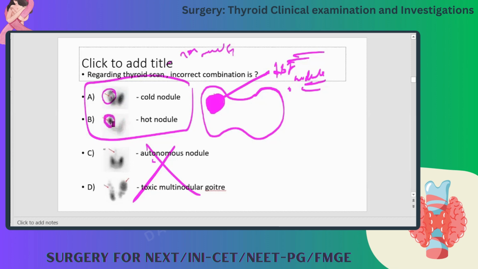The thyroid uptake is high here because it is hyperfunctioning. So cold nodules are non-functioning nodules. The chance of malignancy is 20%. Hot nodules are hyperfunctioning nodules. They are not non-functioning. They are increasing in their function. Hyperfunctioning nodule, and the chance of malignancy is 4%.